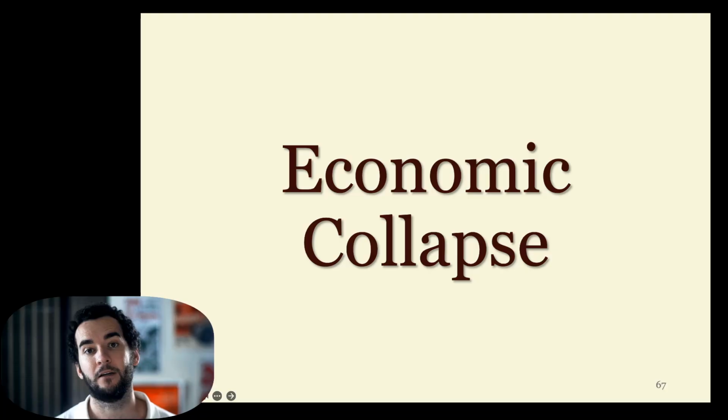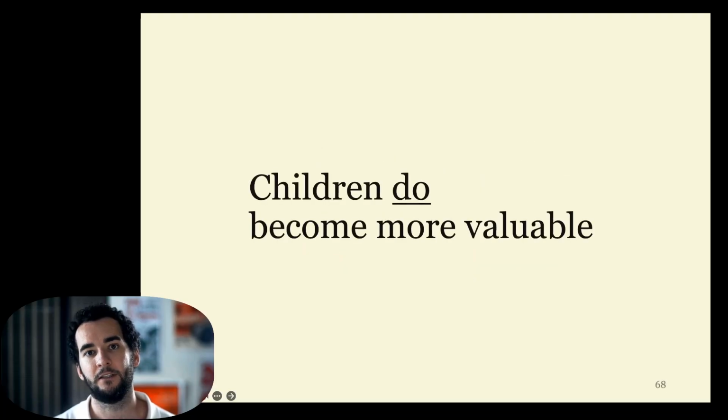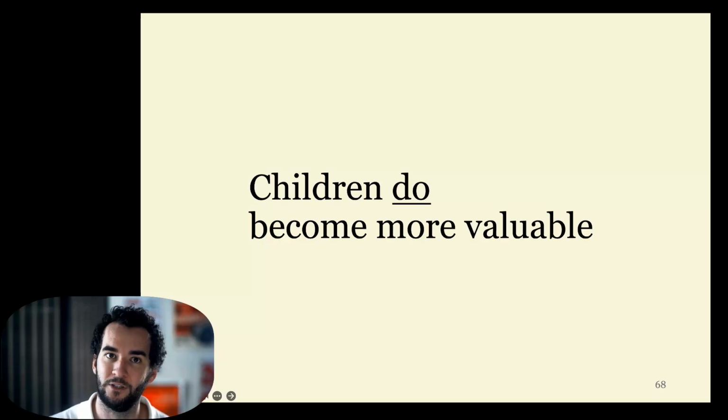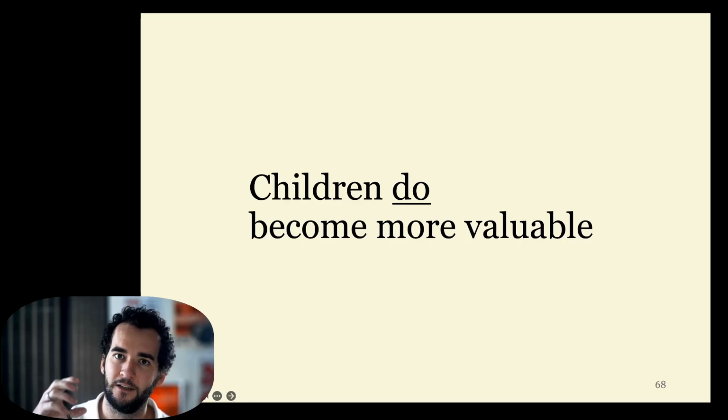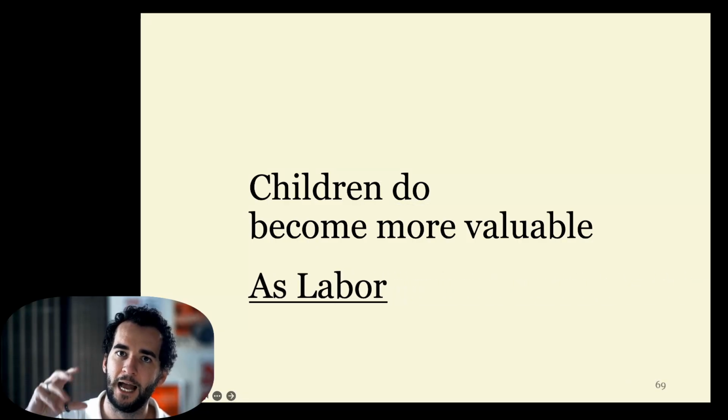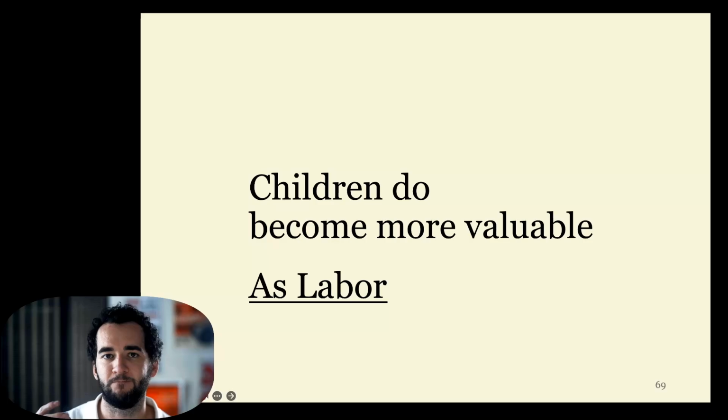It's economic collapse. In the face of the true threat of population collapse, which is economic collapse because of collapse of the labor pool, I think we can now understand why children become more valuable, because they actually do become more valuable in this case, but they become more valuable as labor and not as anything else.